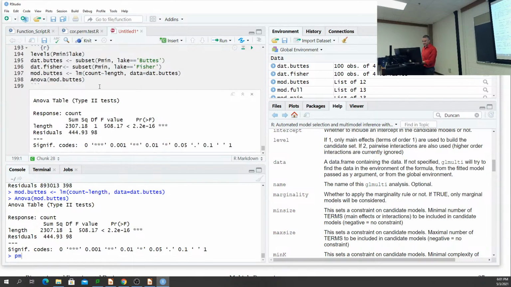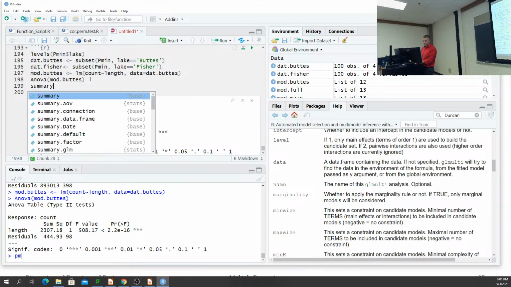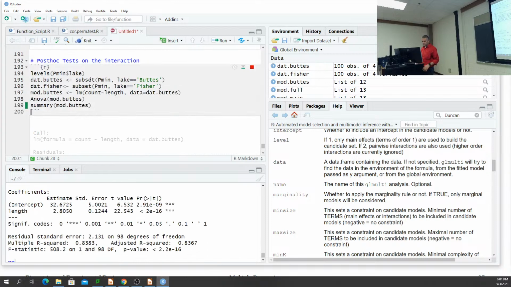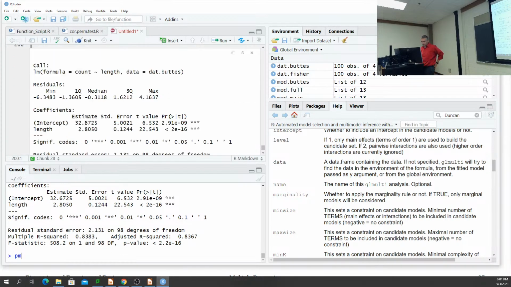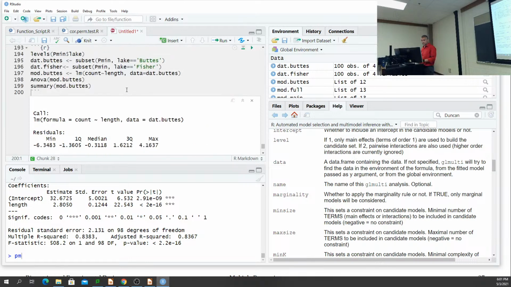Yes, we get a relationship. What kind of relationship? Well, you can look at a figure, or we do a summary and look at our coefficients. With every 1 unit increase in length, we're increasing the count by 2.8. So that's for Twin Buttes.